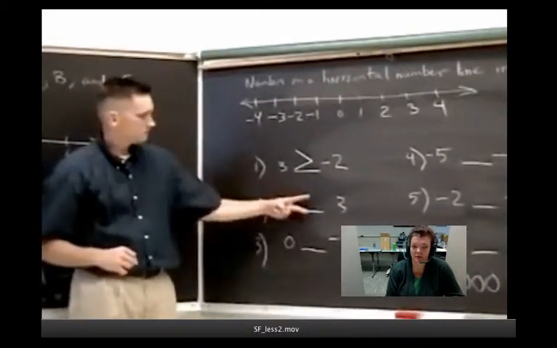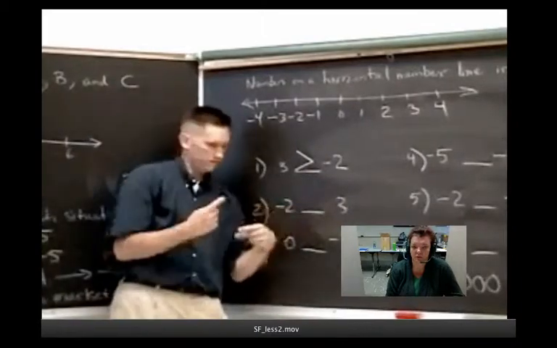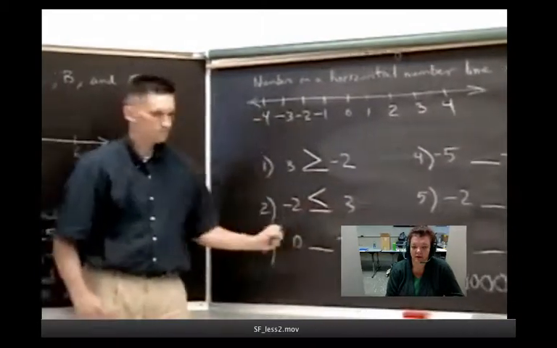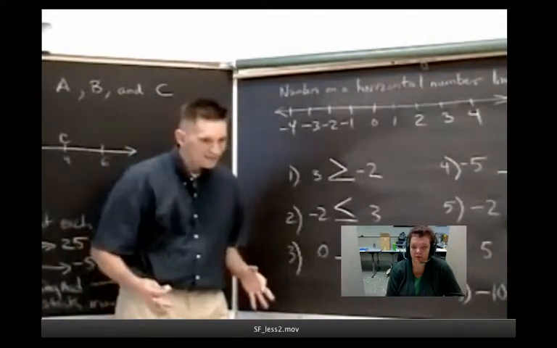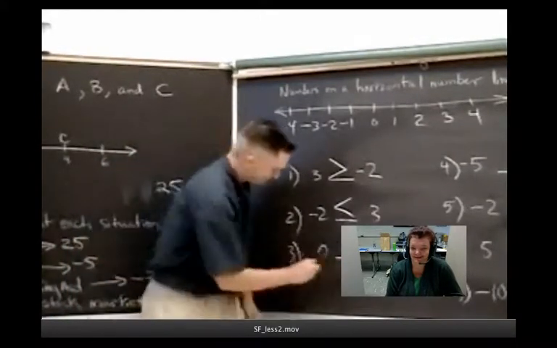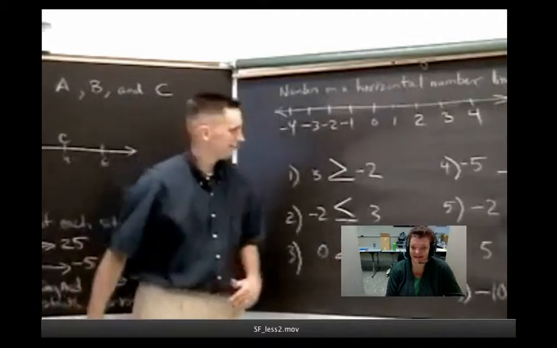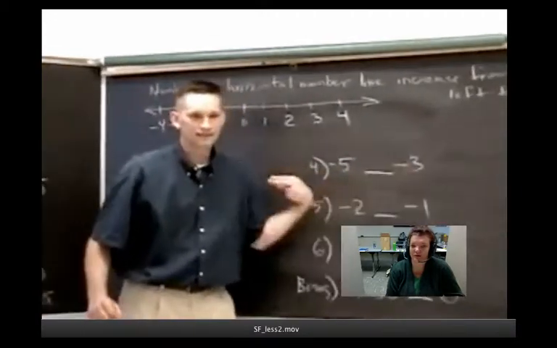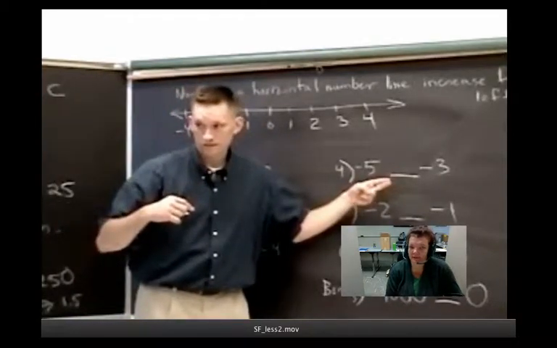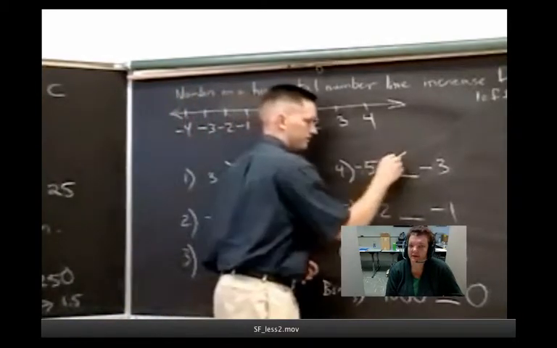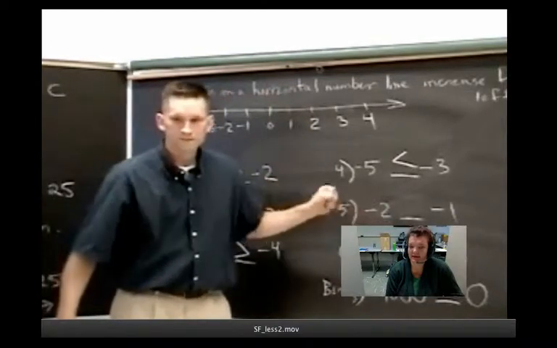How about this one? -2 is less than 3. Next one. Which way does the symbol go? Decide. Okay, 0 is greater than negative 4. This one. Negative 5 is less than negative 3. Good.